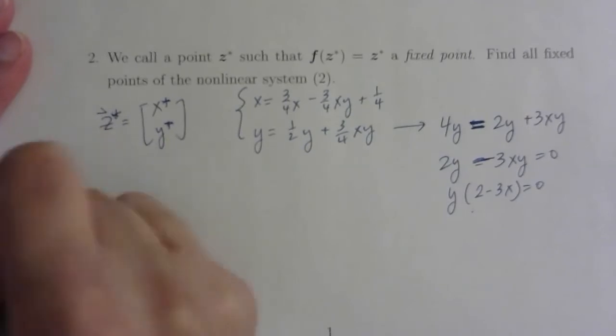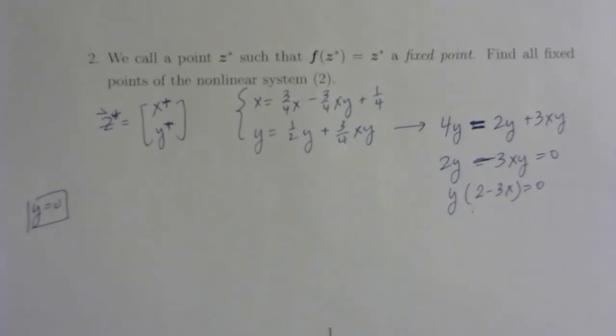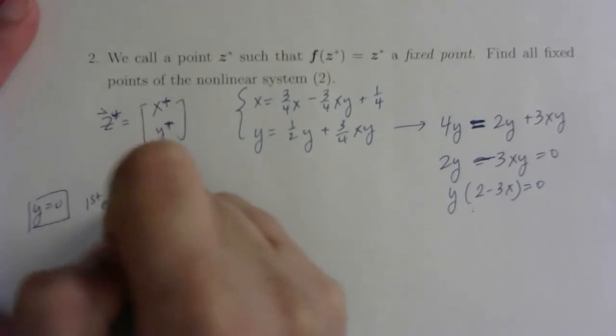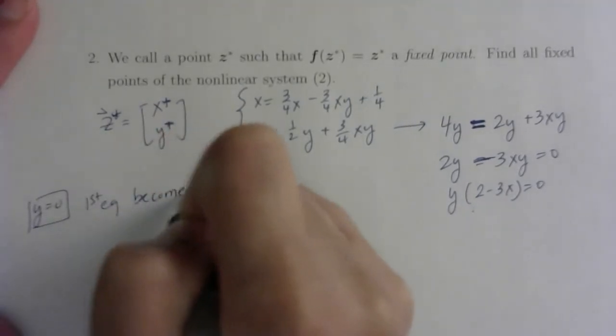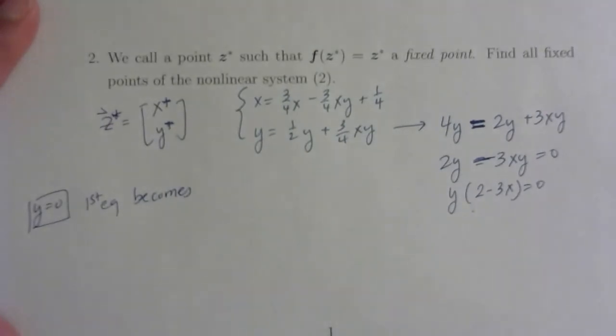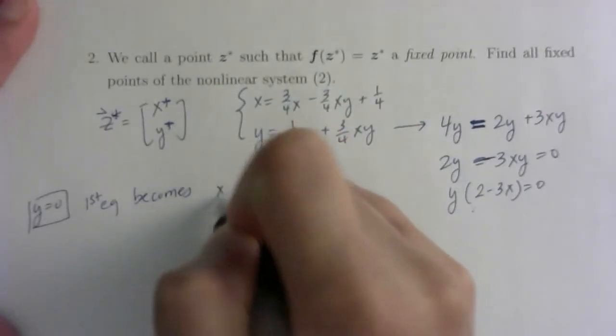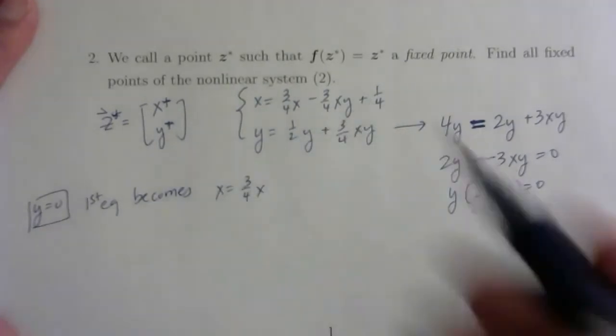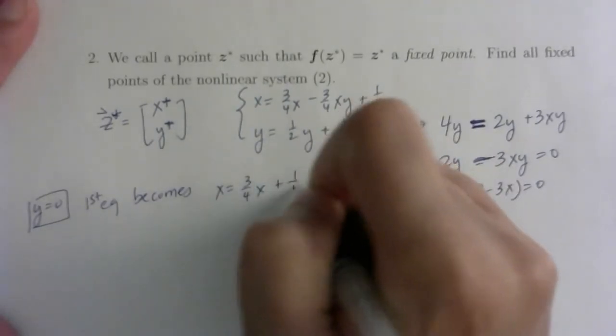So if y is equal to 0, make sure you can see. Yeah, okay. If y is equal to 0, then what must the first equation be? Then the first equation becomes x is equal to 3/4 x minus 0 plus 1/4.